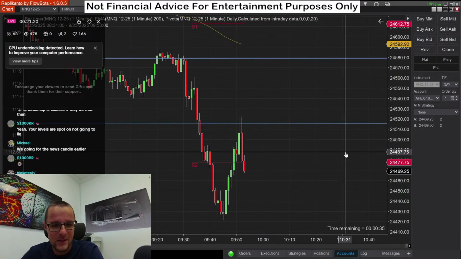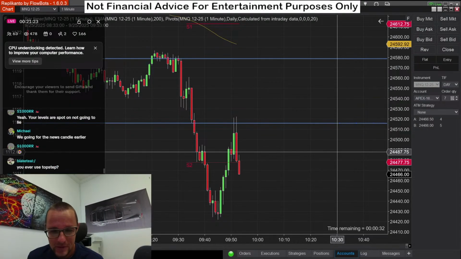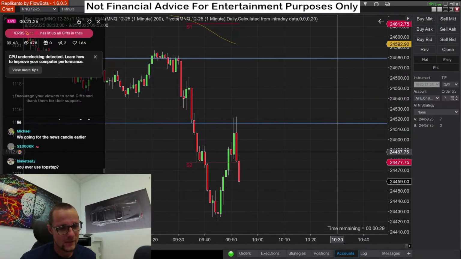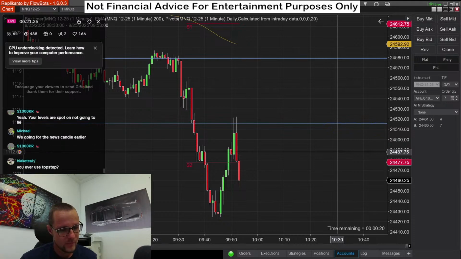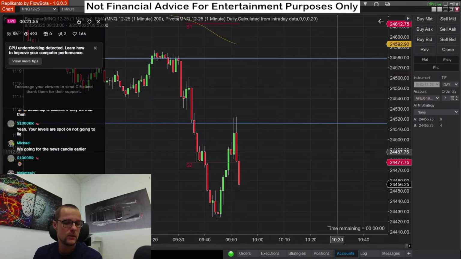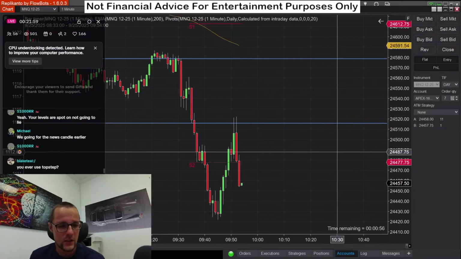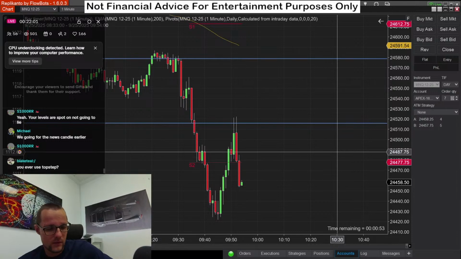I've seen this happen so many times, it was wild. Wow, talk about a perfect level. I literally said this is going to be a crucial area. Either it rejects off the bottom of that 5 minute or it pushes through. Perfect rejection off the 5 minute range.